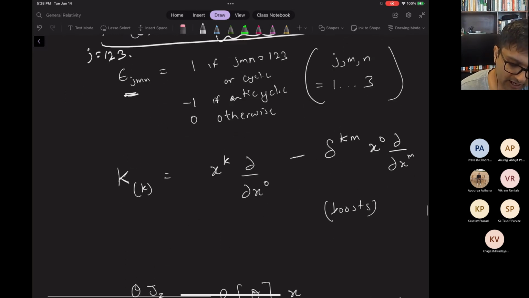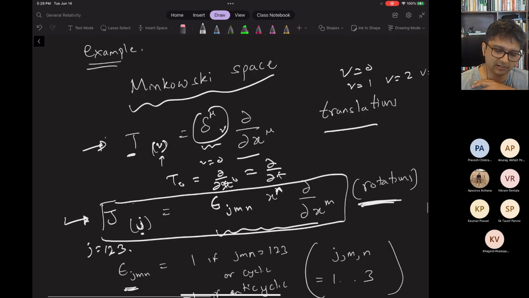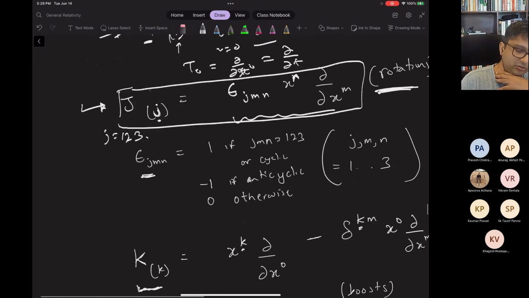And then you can also define these scaling vector fields K_k, where k is equal to 1 to 3, which are x^k partial_x^0 minus delta^km x^0 partial_x^m. So these indices k only run over 1 to 3. The Latin indices j only run over 1 through 3, versus Greek indices like mu and nu, which run over 0 to 3.